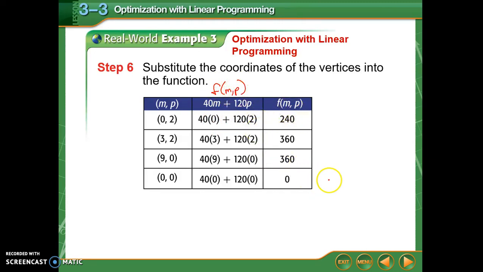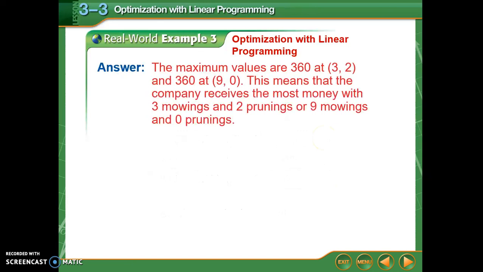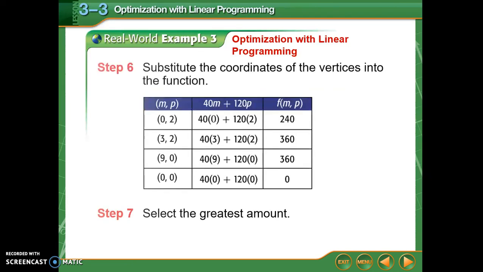So if you look at these, obviously (0, 0) is going to make me nothing. If I do no pruning jobs and no mowing jobs, I make no money. There are actually 2 points that give me a maximum here: both (3, 2) and (9, 0). So let me stay here for a second and think about what this means. If I mow 3 lawns and prune 2 sets of shrubbery, I would make $360.